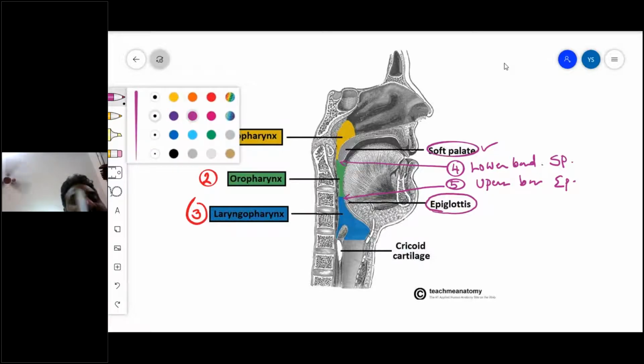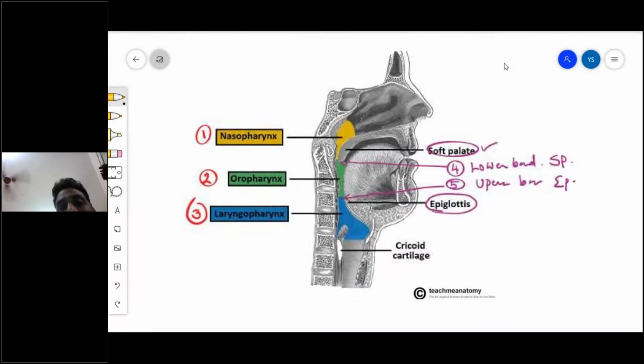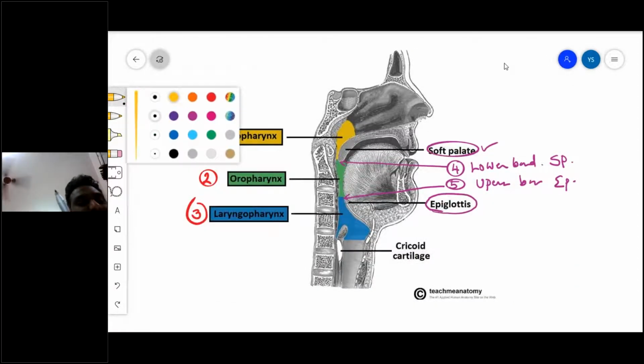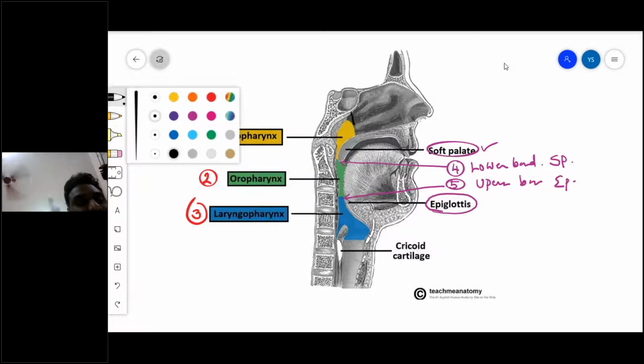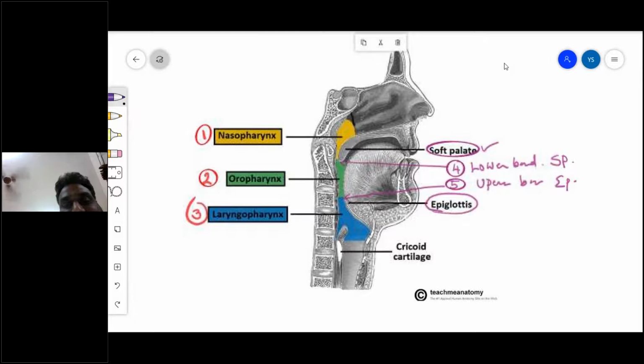Then another point I'm highlighting here. I will use blue color, since the other color is not visible.